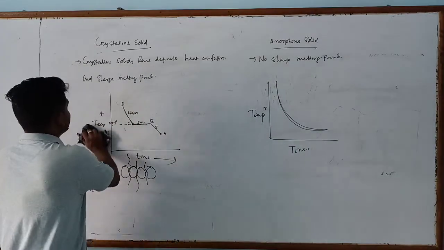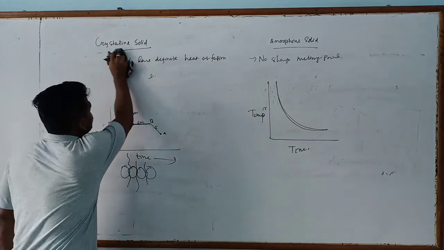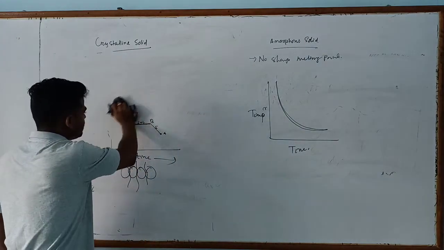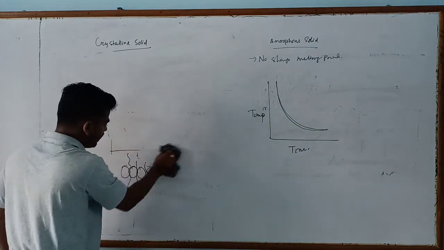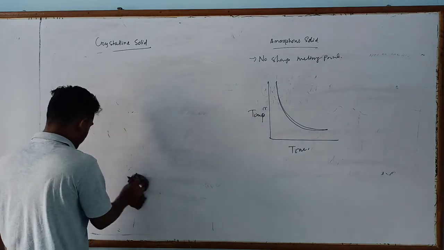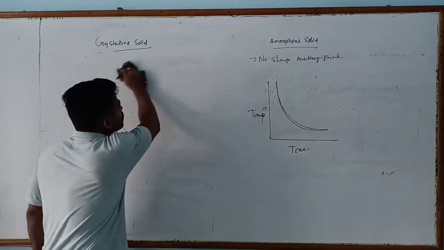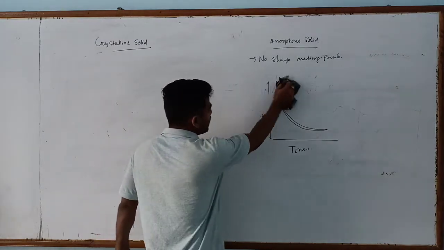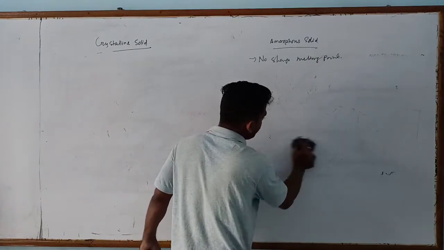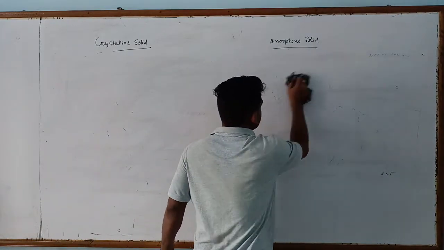Next difference: these crystalline solids are called true solids, because particles are held tightly in a regular arrangement, so this is called a true solid. But amorphous solids are called super cooled liquids, or you can say pseudo solids.